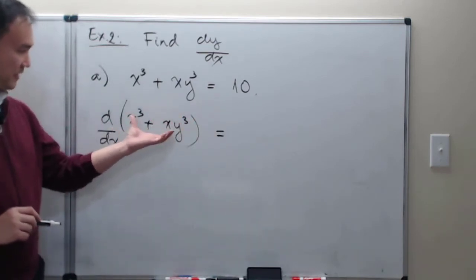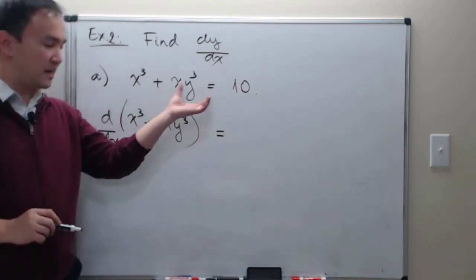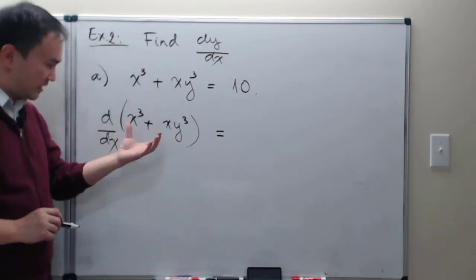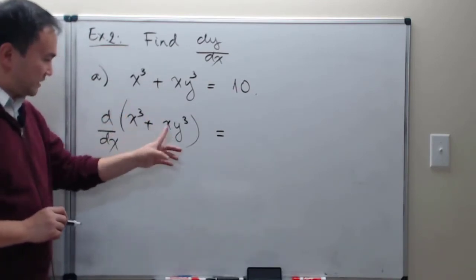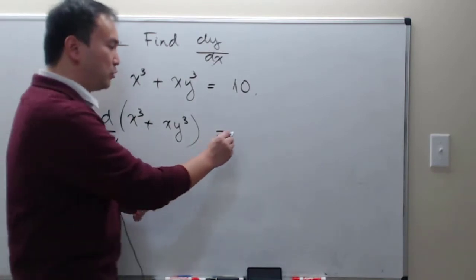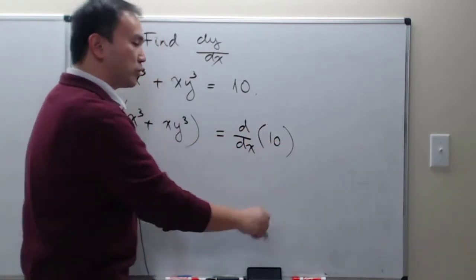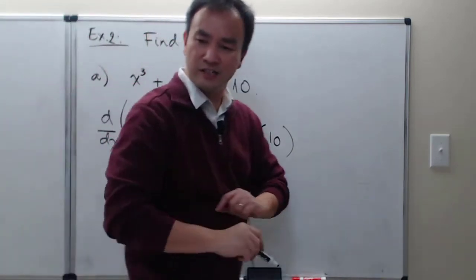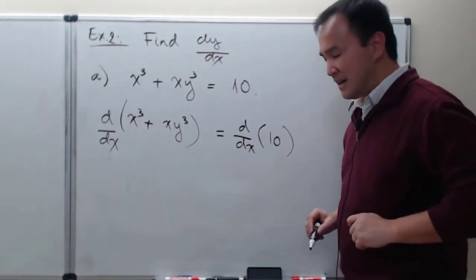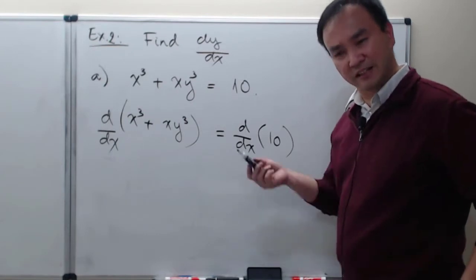If the left-hand side equals the right-hand side, then it makes sense that the result from taking this derivative should equal the result of taking the derivative of the constant 10 on the other side. That's how we're setting it up as the first step.